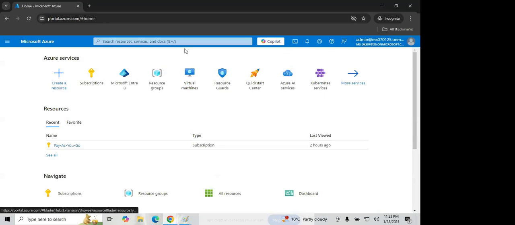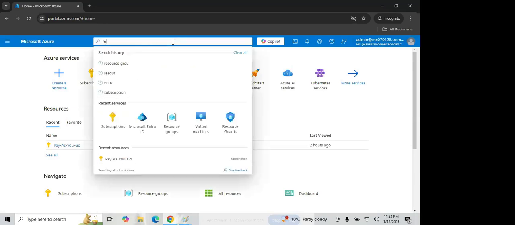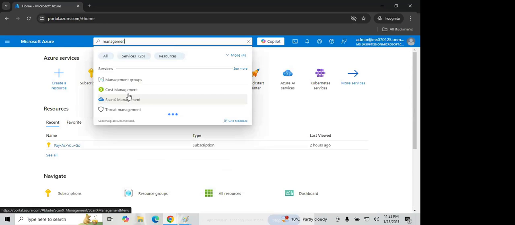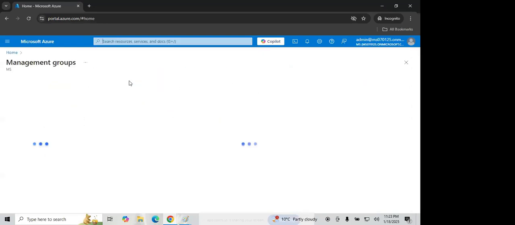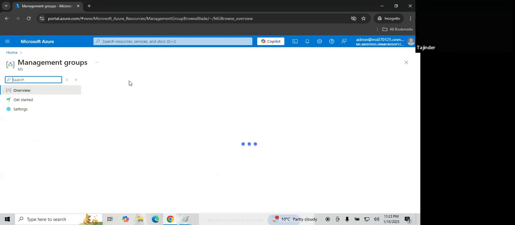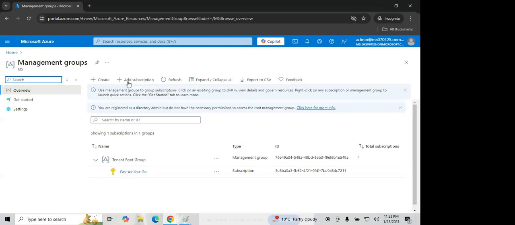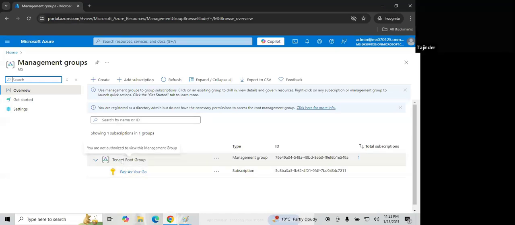Now, if I want to see the tenant root group, I can just type here management group. When I go to management group, here I can see the tenant root group. This is the first root group we have got, that is the tenant root group.